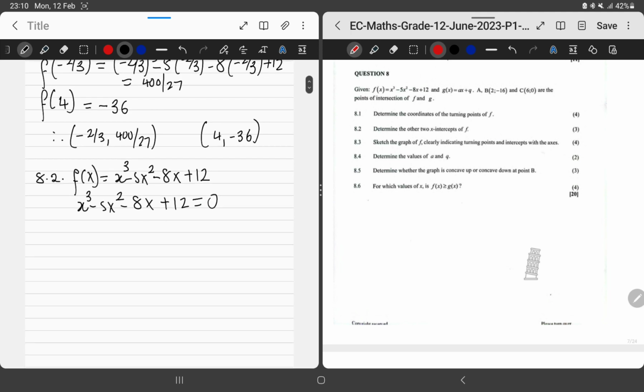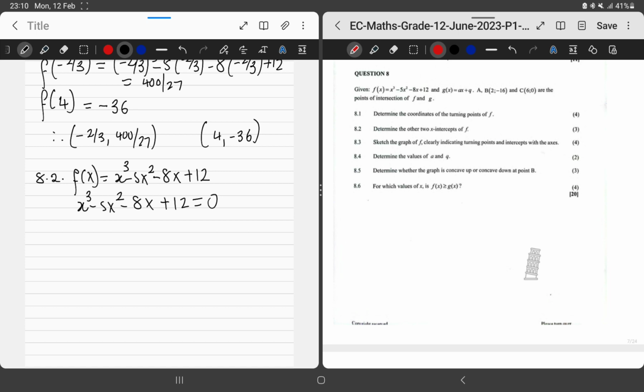And then now you're going to go to your calculator. You will press mode setup, and then you'll choose 3, which is the table option. And then you're just going to put that function there.